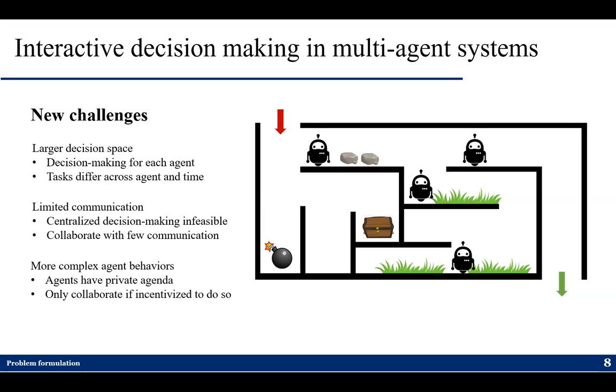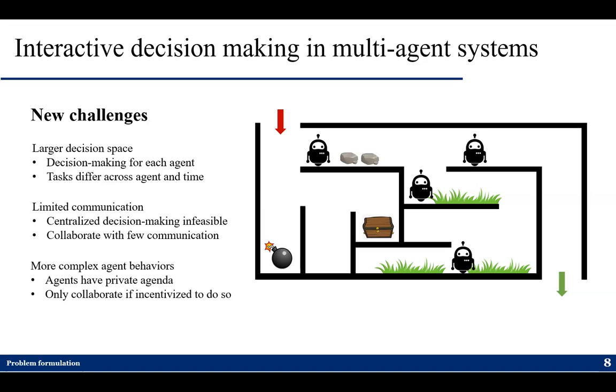So is this like a standard reinforcement learning formulation for multi-agent, or is this different? Like, where does this fit in? It's quite related to the standard one. When you say standard reinforcement learning, you're talking about multi-agent RL.